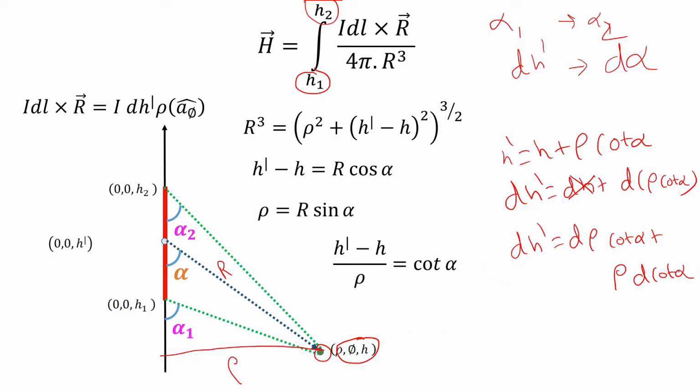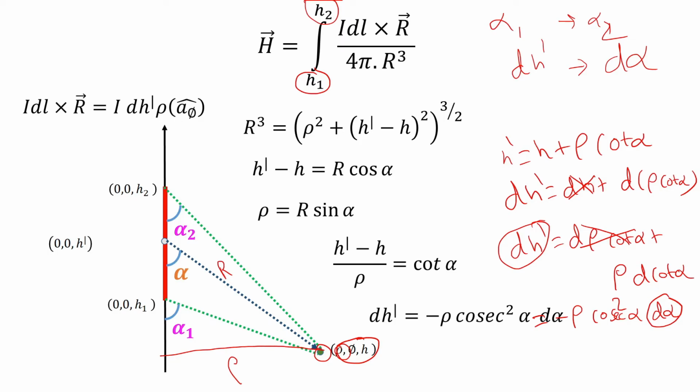Again, this rho is not changing as long as this point is not changing, hence this is 0. So I am remaining with dh dash equals rho times d cot alpha, which is nothing but minus rho cosecant square alpha d alpha. So the relationship between change in h dash and angle is dh dash equals minus rho cosecant square alpha d alpha.